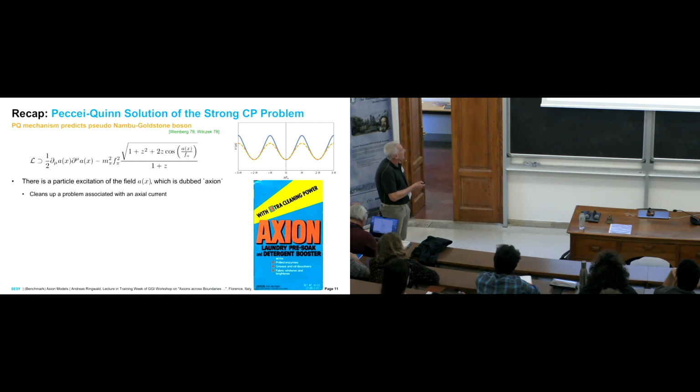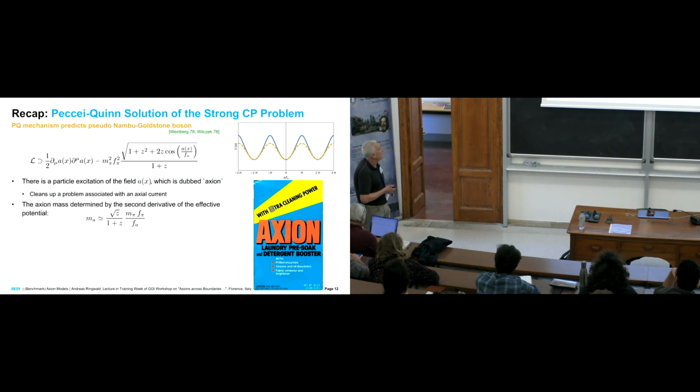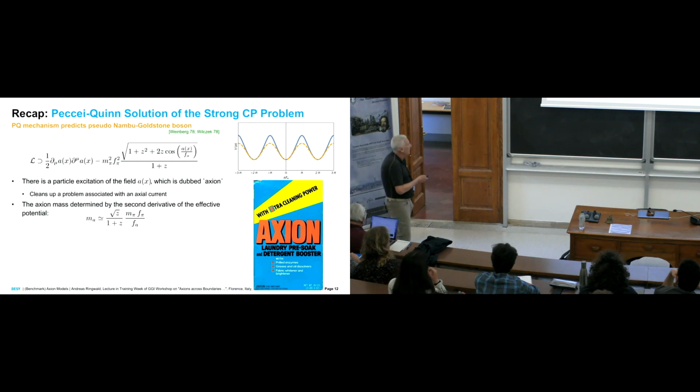Now from this expression of the potential, you can take the second derivative and calculate the mass of this axion. The mass is determined by the second derivative of this potential, and it's given by this formula. This is the leading order formula.